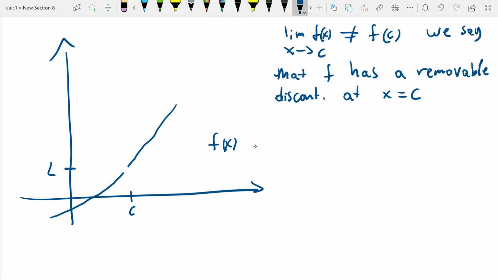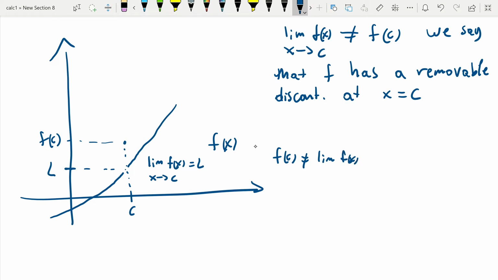In this graph, the limit as x approaches c of f of x is equal to this limit value L. However, f of c may be something different from this value, so this would be f of c. Okay, so f of c is not equal, in this case, to this limit, which does exist.